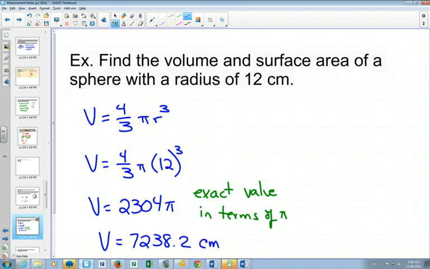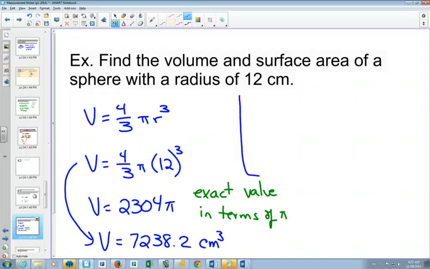And since we're dealing in volume, we'll have cubed. So it's okay if you type this all the way at once and get to this answer. That's fine. But I did want to show you that an exact answer in this case, you'd have to write it with the pi and write it in terms of pi.